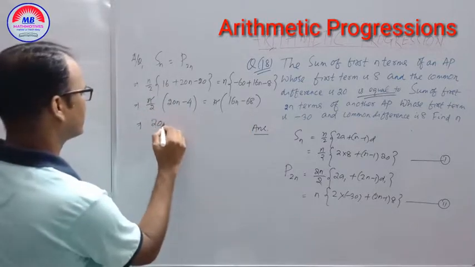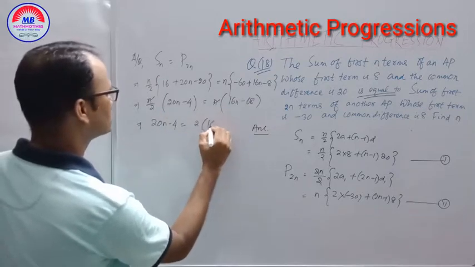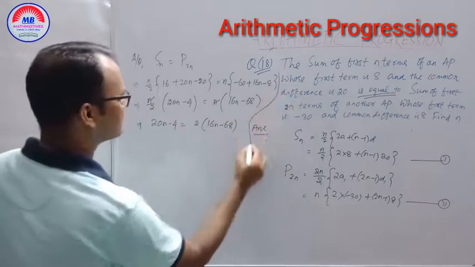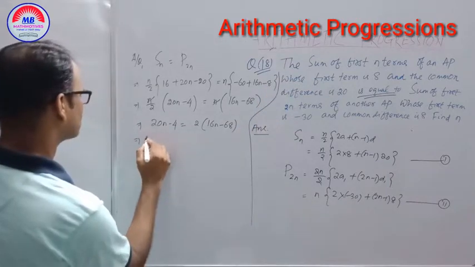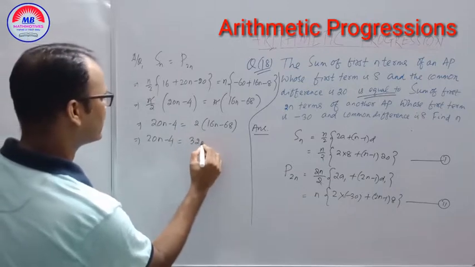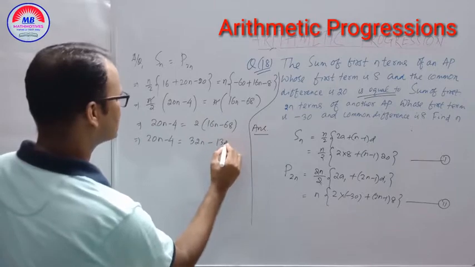So 20n minus 4 is equal to 2 into 16n minus 68. That implies 20n minus 4 is equal to 32n minus 2 into 68, that is 136.